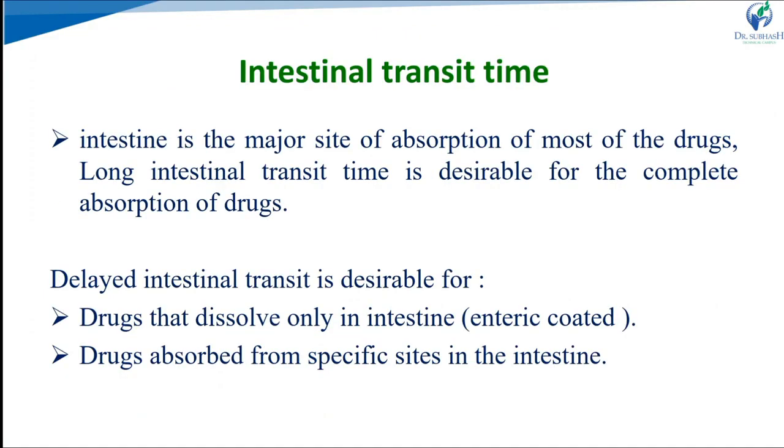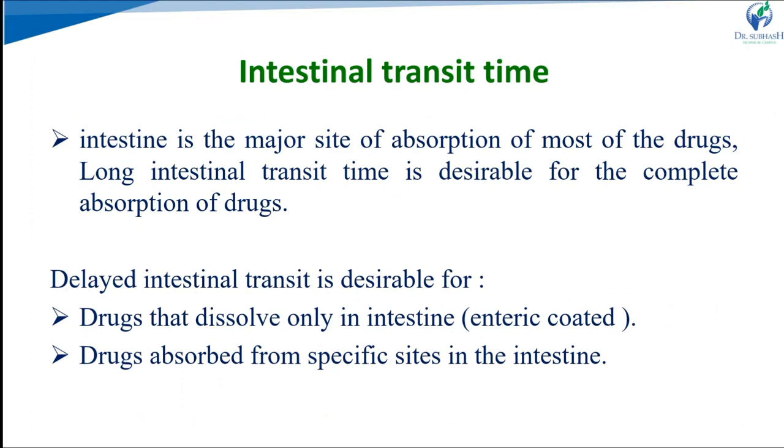Next factor is intestinal transit time. Previously we saw gastric emptying time or rate. The food or content migrates from the stomach to the small intestine, and similarly from the small intestine to the large intestine.